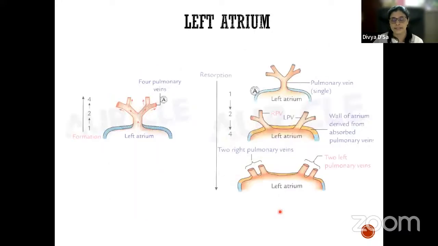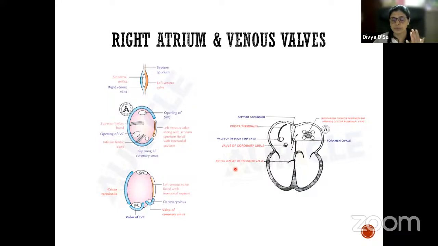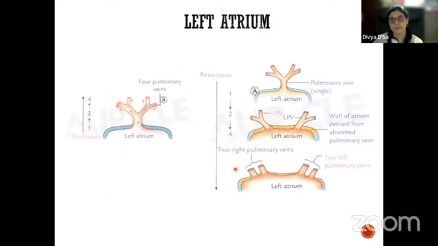Next, here we saw how the posterior wall of the right atrium is formed. Now, how will the left atrium posterior wall be formed? This primitive left atrial chamber opens posteriorly into a pulmonary vein. This single pulmonary vein will divide into two and each of it will further divide into two more.